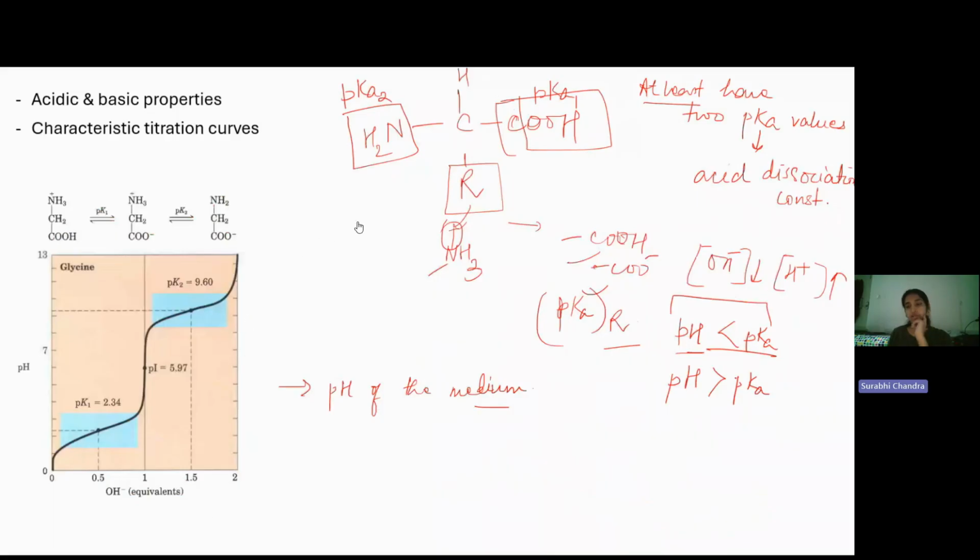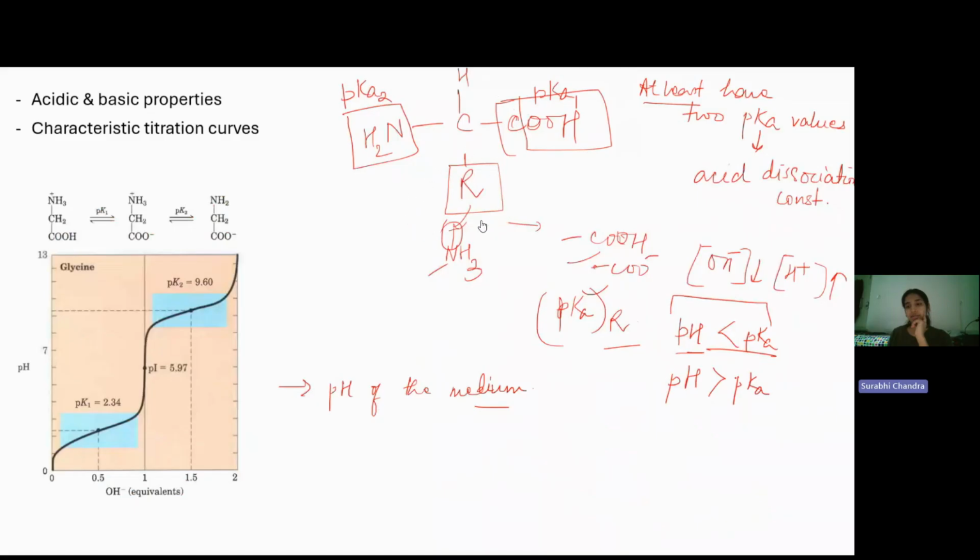Okay, so every amino acid has acidic and basic properties, and it will have characteristic titration curves. This group will show basic property, this will show acidic property, and this particular group will have its own pKa value.